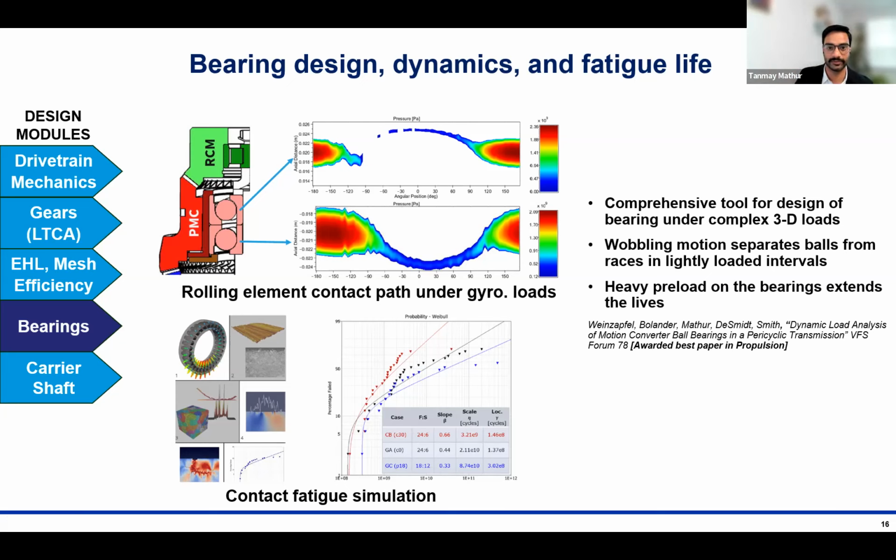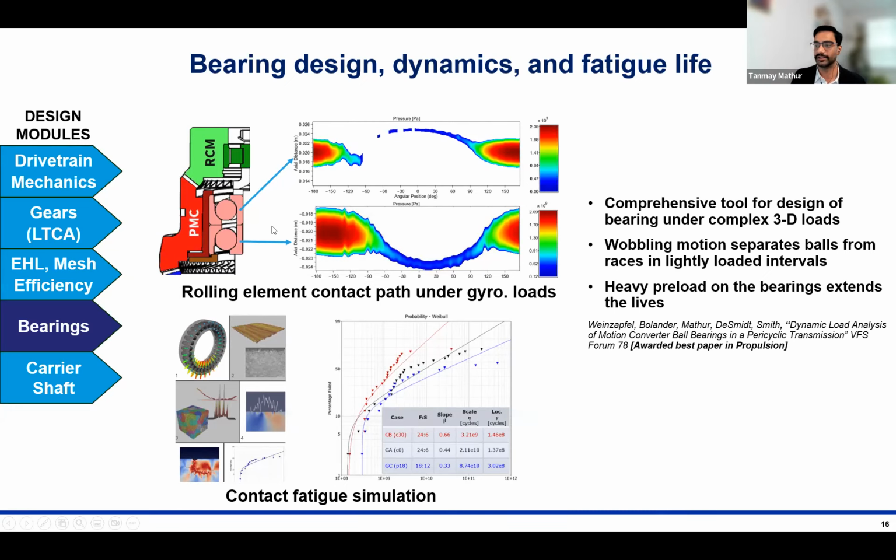Comprehensive tools for designing the bearings under application of complex 3D loads and gyroscopic loads were developed. And very recently, we presented a paper in the Vertical Flight Society Forum, which was awarded the best paper in propulsion. This work was done with Nick Weinzapfel and Nathan Bolender from Sentient Science.